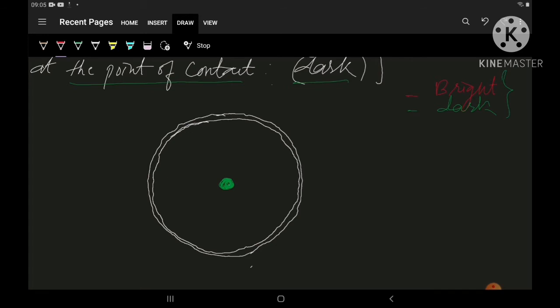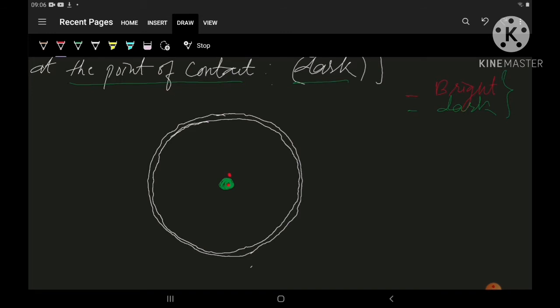Let's see, when we move away from the point of contact, what will happen? Actually the thickness of the film is increased. Now at the point of contact, due to the zero thickness, the fringe is dark. Then obviously if we increase the thickness, then the condition of bright fringe will be fulfilled.